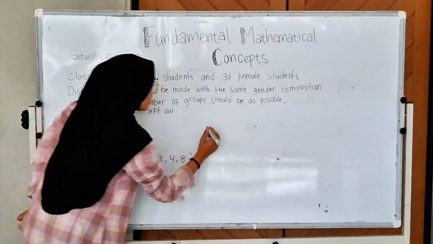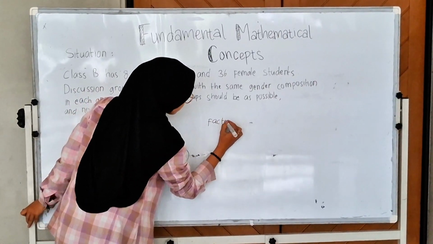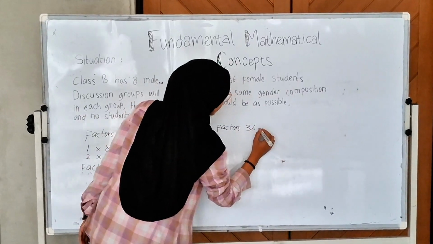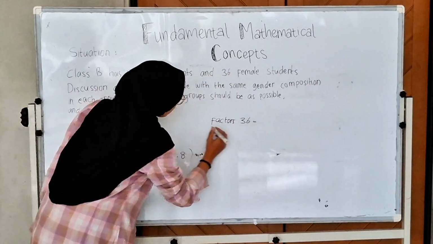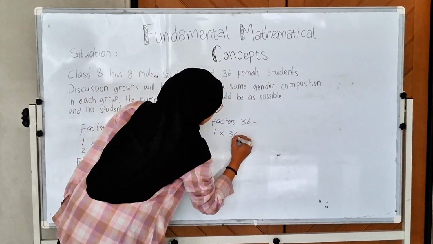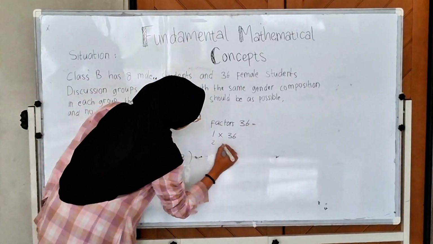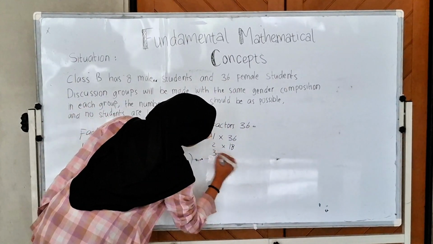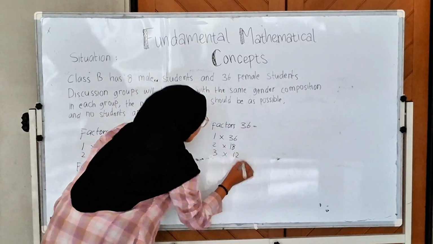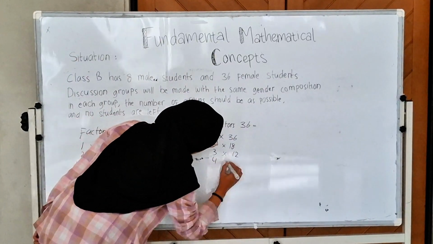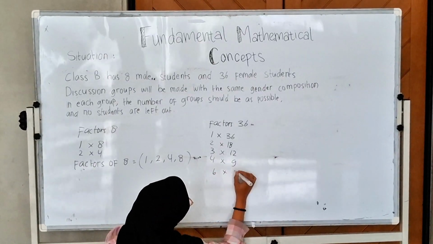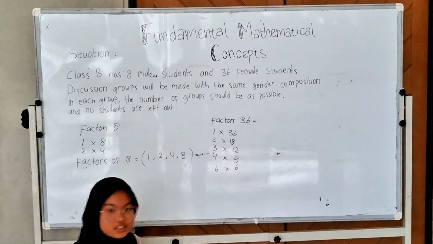Next, the factors of 36: 1 times 36, 2 times 18, 3 times 12, 4 times 9, and 6 times 6.